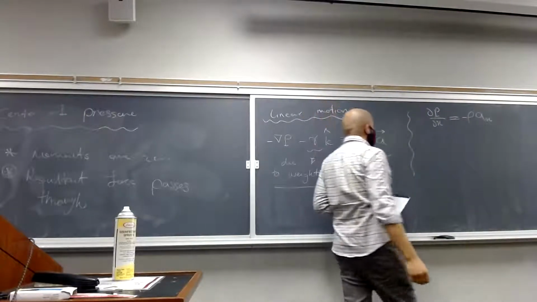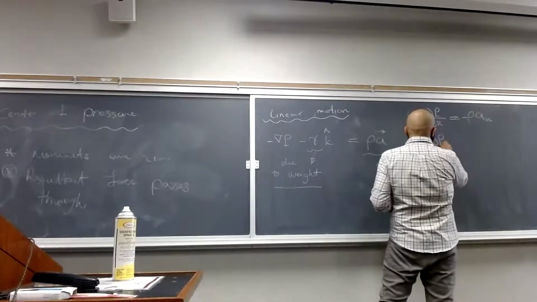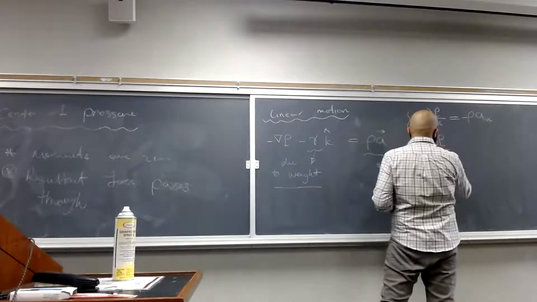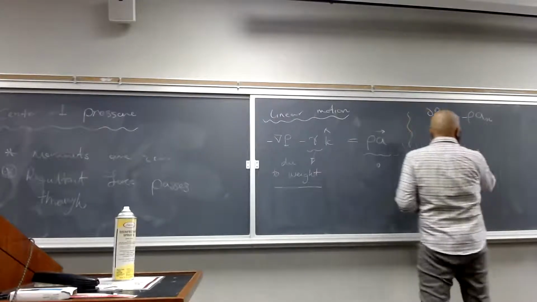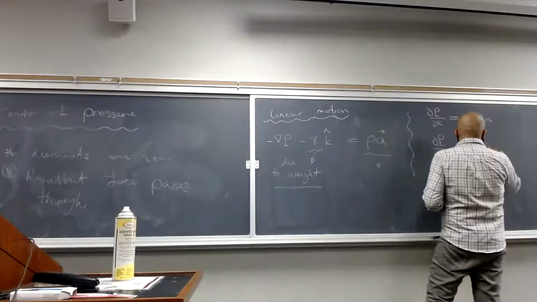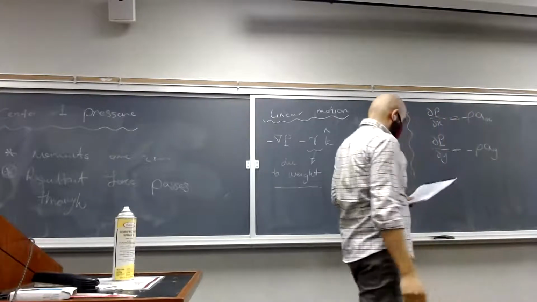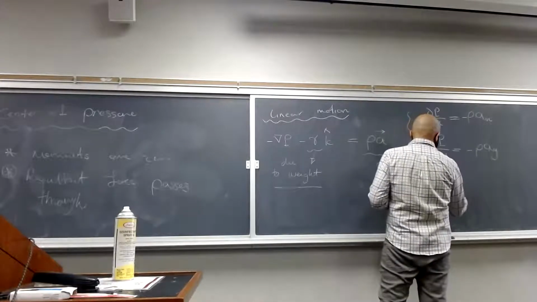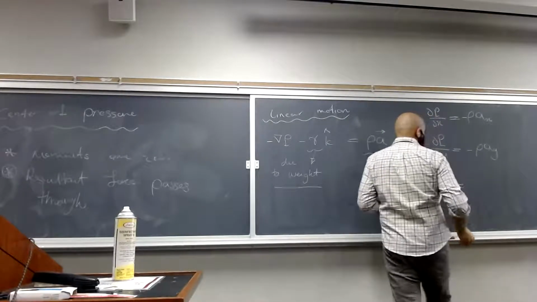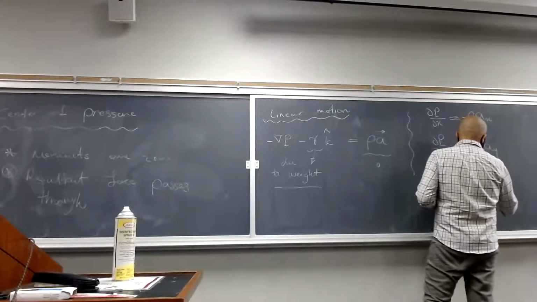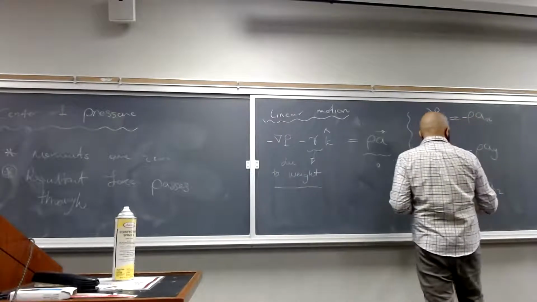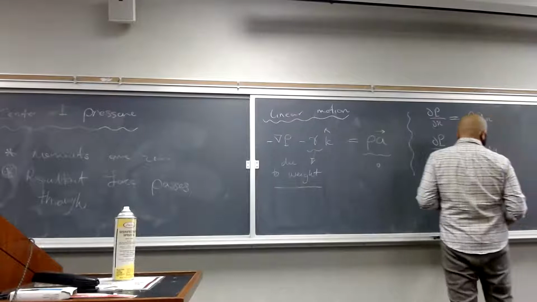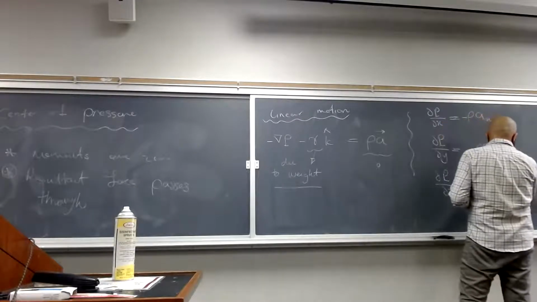We can write this for the other direction as well. Partial p, partial y is going to be equal to negative rho a y. Now for the z direction as well, we're going to have a z, but here the difference is that we are going to have gamma as well.